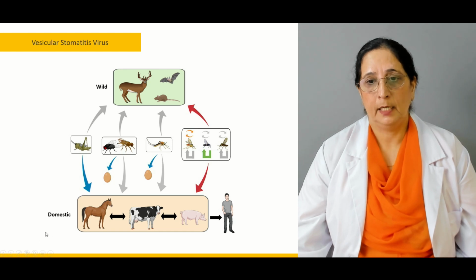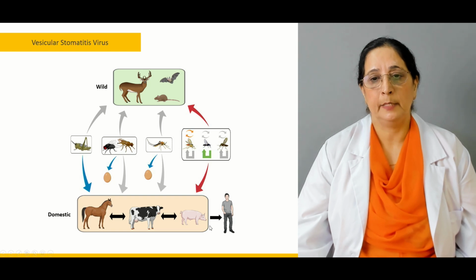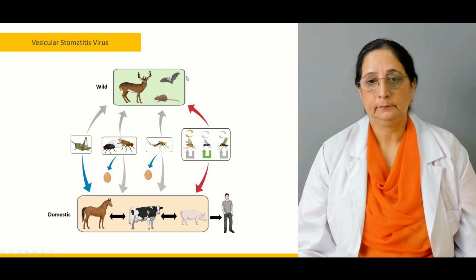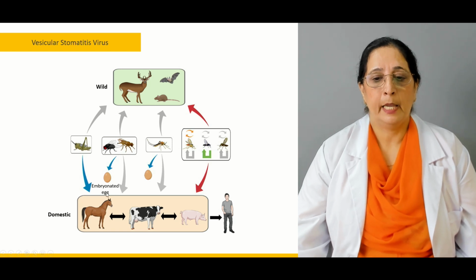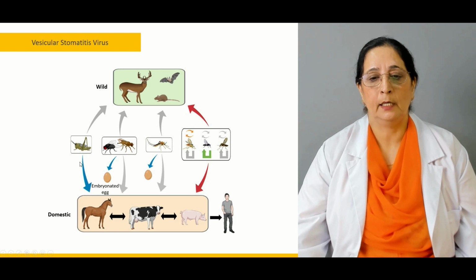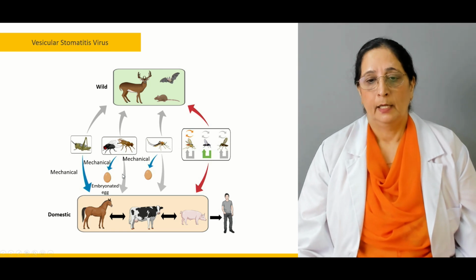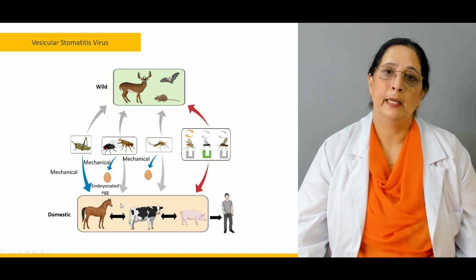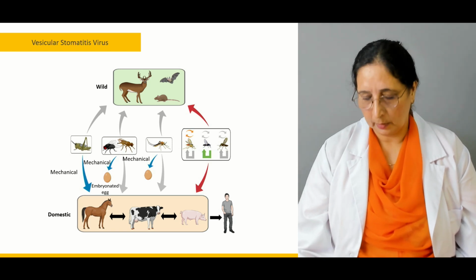These are the domestic animals. We have all these domestic animals. These are the wild animals. These are the embryonated eggs. So all these animals, we have the embryonated eggs. And then mechanical transmission can occur just by touching, eating, all these things.